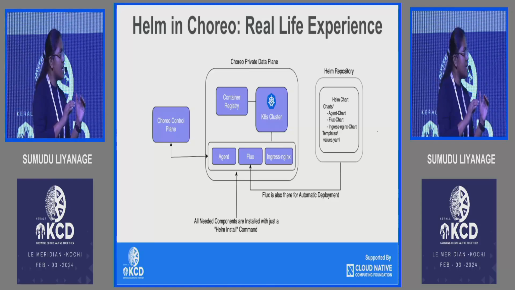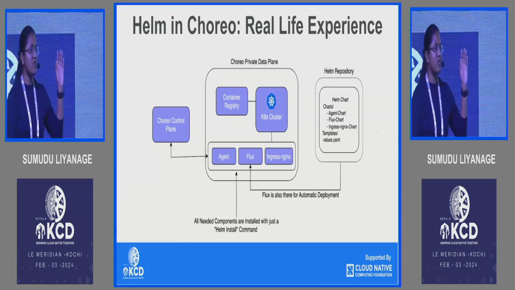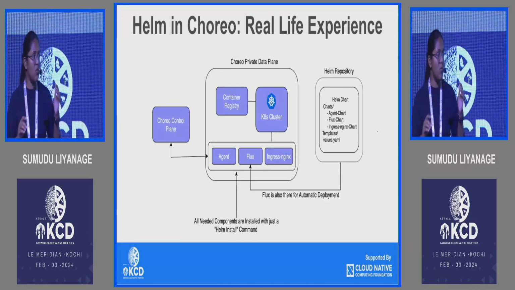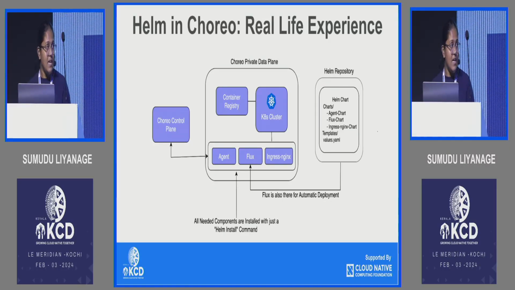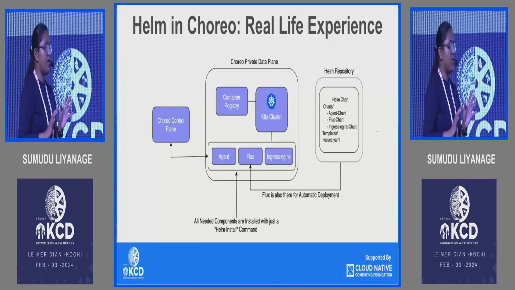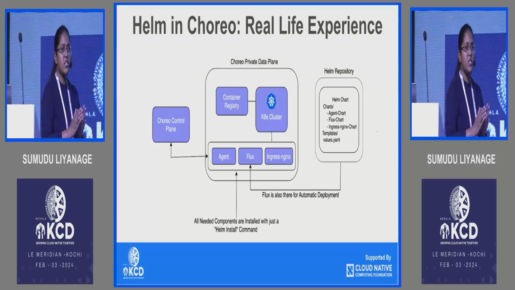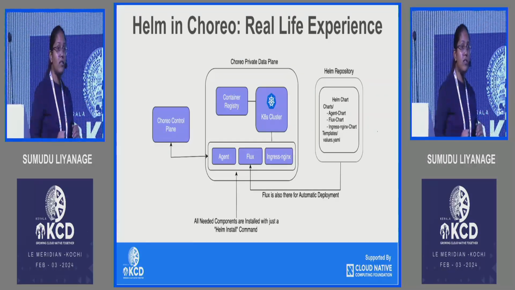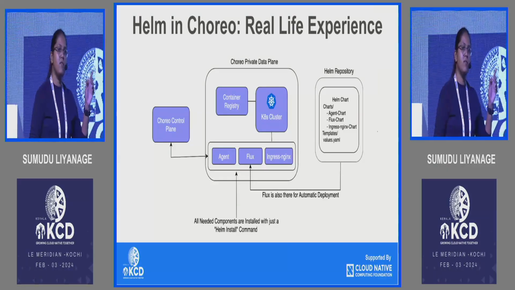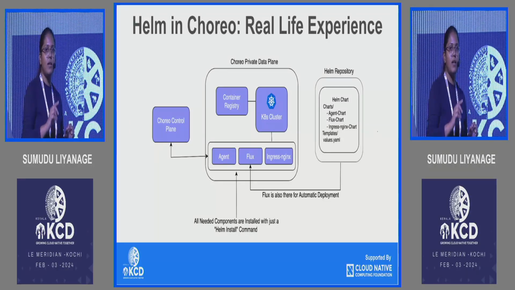We do it by installing components like the agent, Flux, Nginx ingress controller, and a lot more that I haven't put here. We are not going to install them one by one. Instead, we have packaged one Helm chart with all these components, and we configure a private data plane with just one helm install command.